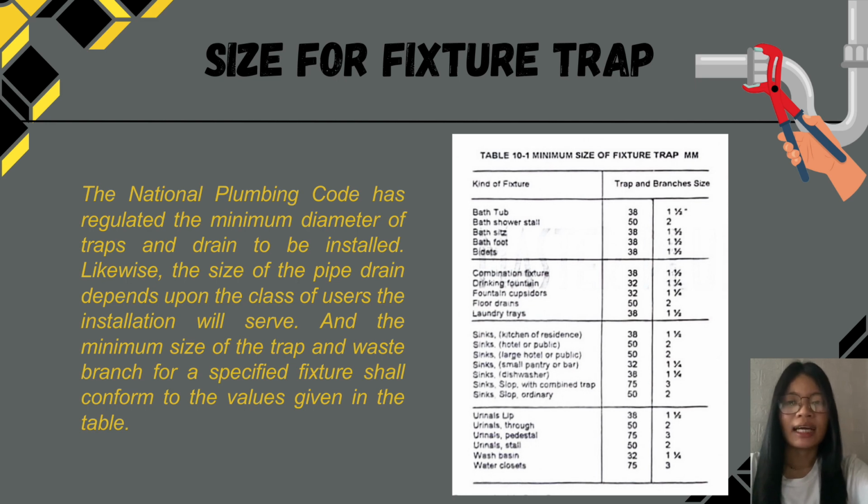Okay, so makikita natin dito sa table, ang kind of fixture natin is bathtub, and ang trap and branches size natin is 38 and 1 1/2. And the next one is bath shower stall. Ang trap and branches size natin is 50 and 2, and so on.